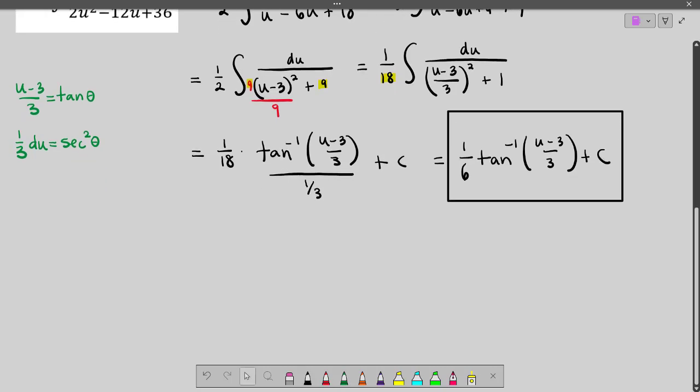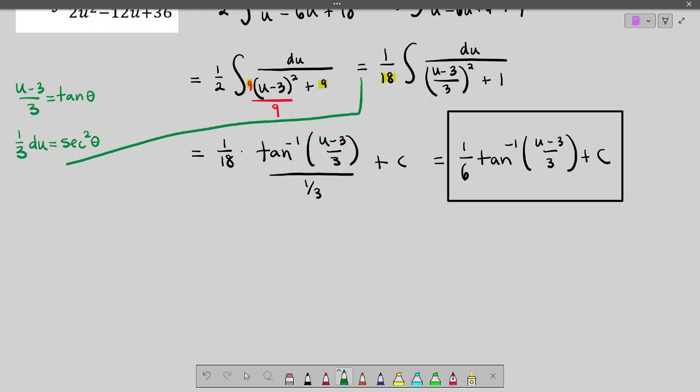And so let's go the other technique over here. So we're going to end up with 1/18. And then du is going to be 3 secant squared of theta d theta, all divided by tan squared plus 1.